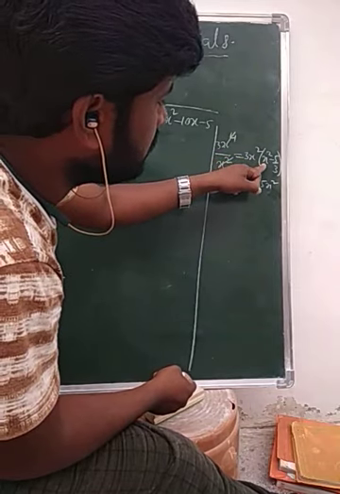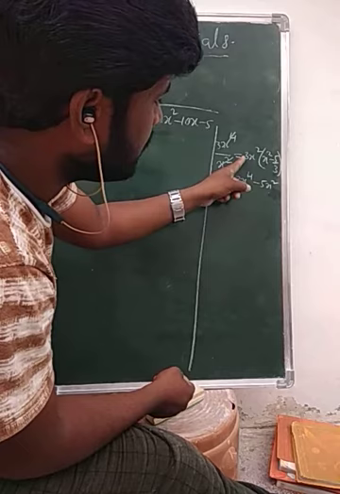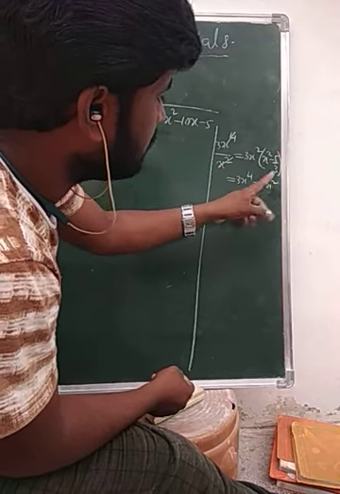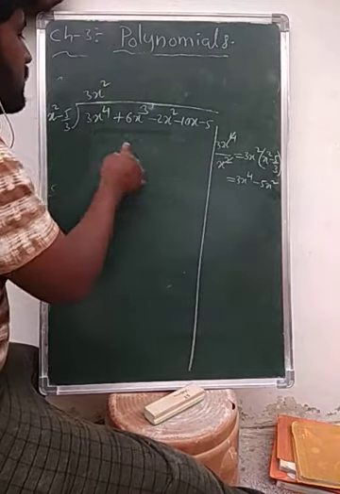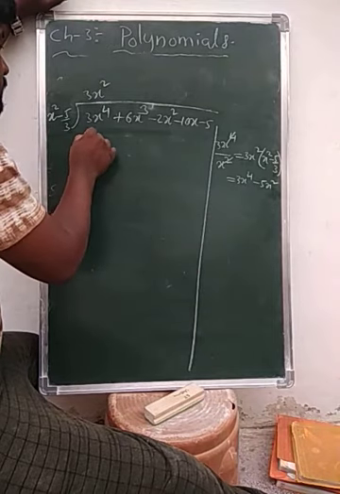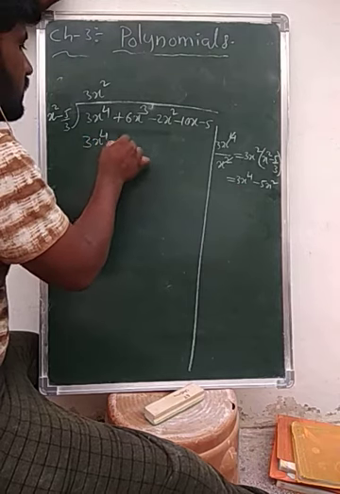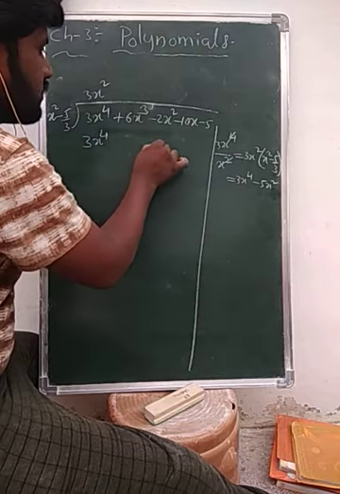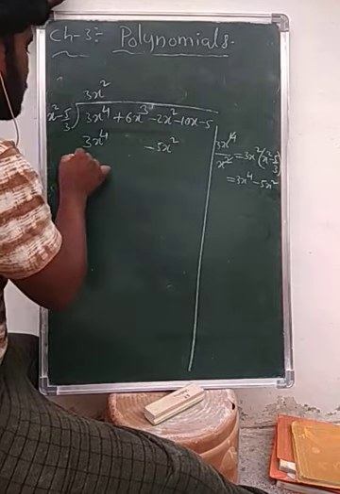Now you write here in this place 3x to the power of 4 minus 5x square, and write minus 5x square under the x square.